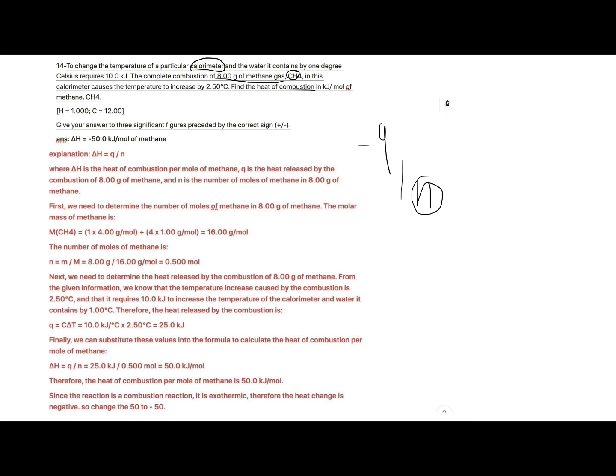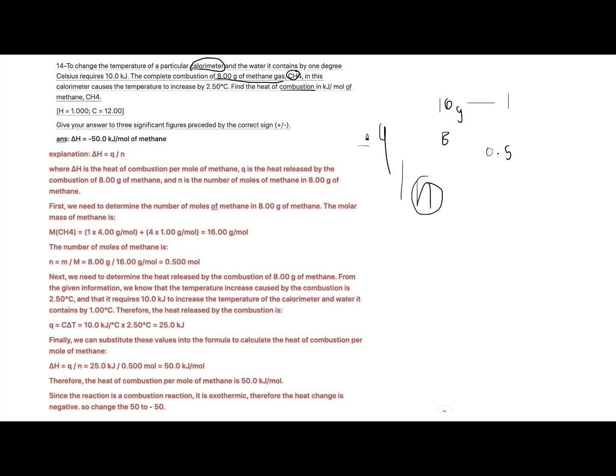So 16 grams of methane gives 1 mole. How much is 8 grams? Cross multiply, you get 0.5, so it's half a mole. So we found our N, which is 0.5.